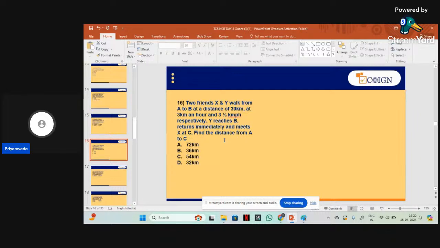So X will be traveling at 3 kilometers per hour, and Y at 3.5 kilometers per hour. Y reaches B, returns immediately, and meets X at C. Find the distance from A to C.